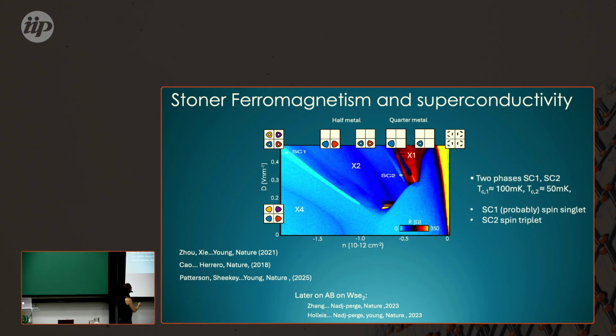Okay, now when you cool the system to low temperature, you get this superconducting pocket with these TC of 100 millikelvin and 50 millikelvin. SC1 is probably a spin singlet.